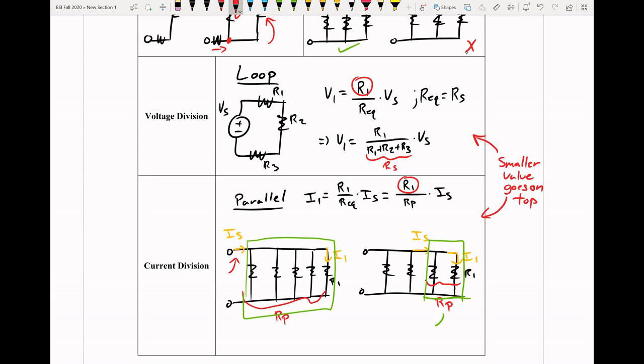Actually, my mistake here. This should be R equivalent over R1, R equivalent over R1. There we are.